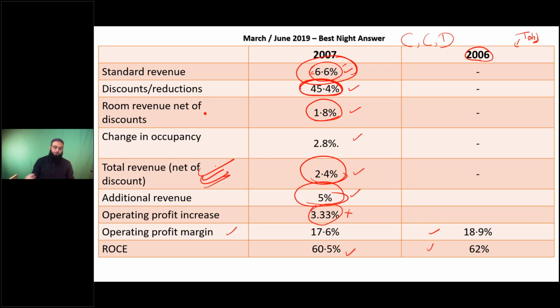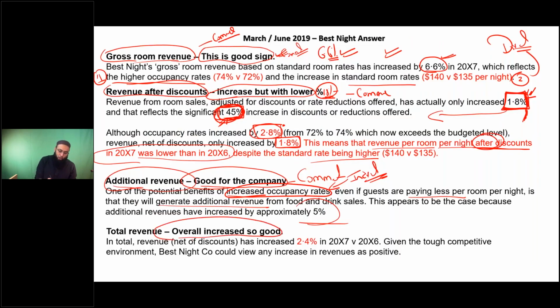Comment, overall it's good. 2.4%, in the tough comparative environment, it's good. And there are two reasons for this. One is the 1.8% increase in the revenue of rooms and the 5% increase in the additional revenue.